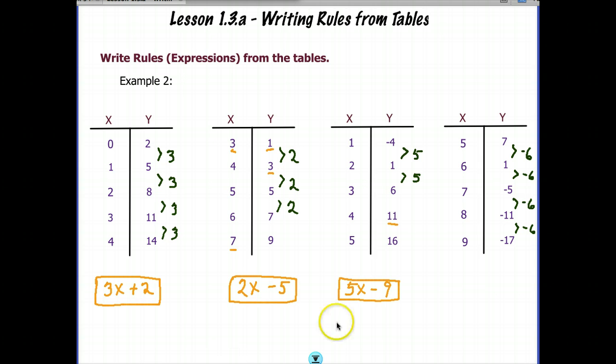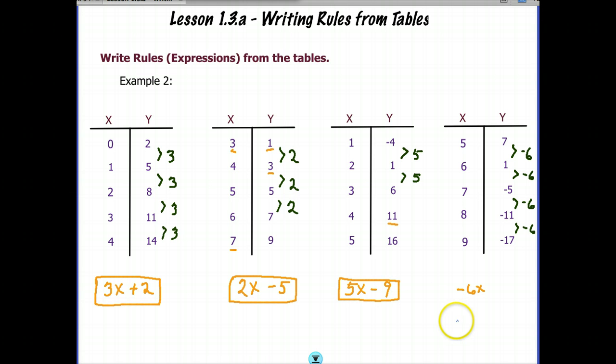So when we make our rule, instead of having 6 times x, because we are decreasing, we're going to have a minus 6 times x. So let's plug that in and see what we need to do to get to our numbers. So we have 5 times -6, and I'll write it out down below just because we have a little bit more math.